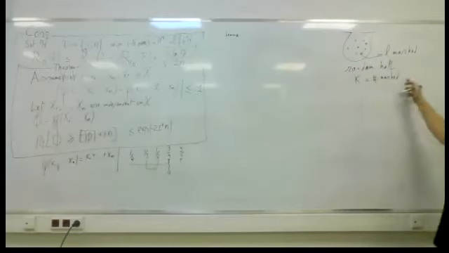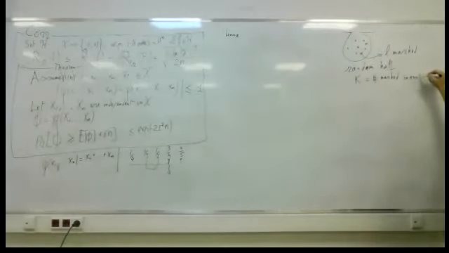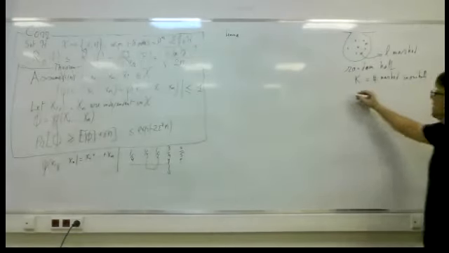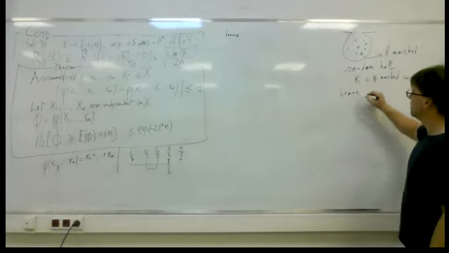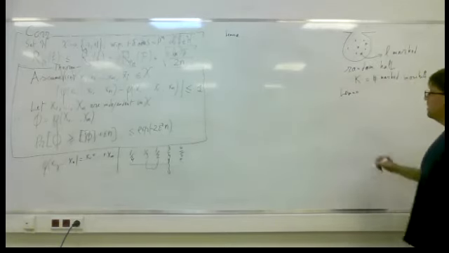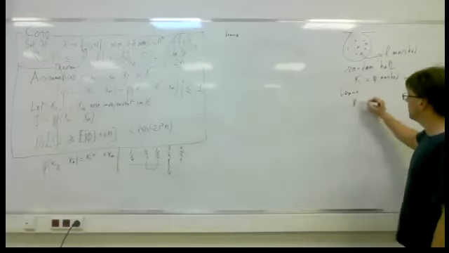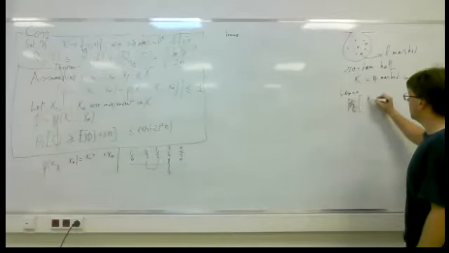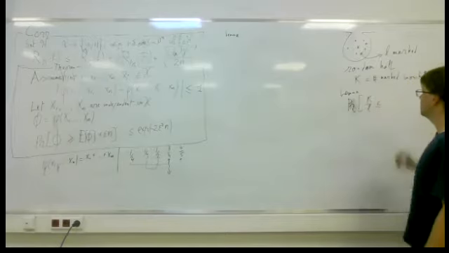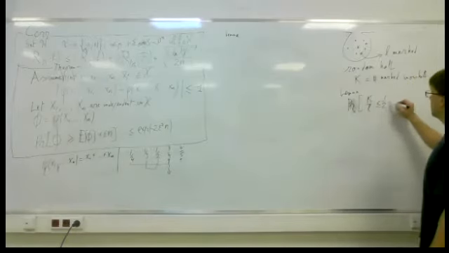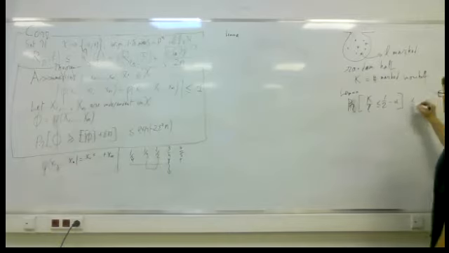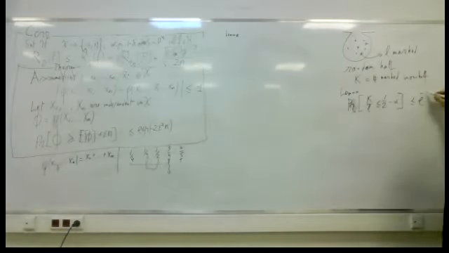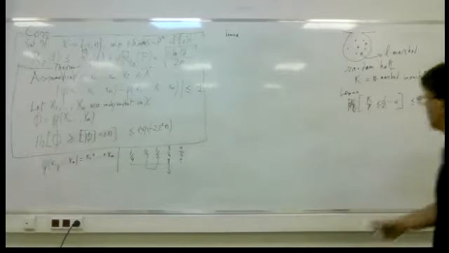Then there was a lemma: the probability that K over L is smaller than 1/2 minus alpha is smaller than e to the power minus 2 alpha squared L.